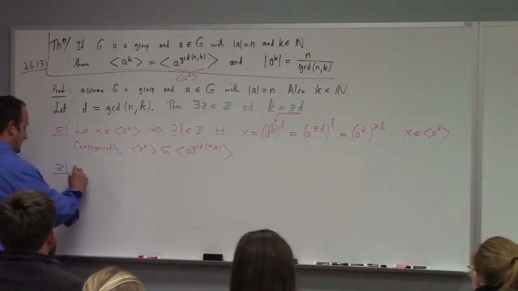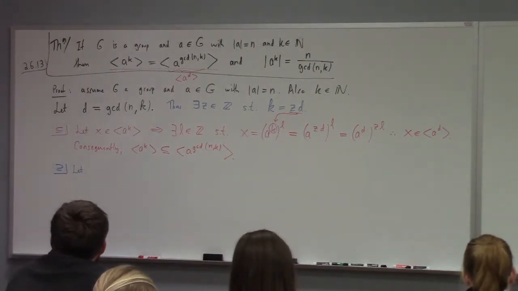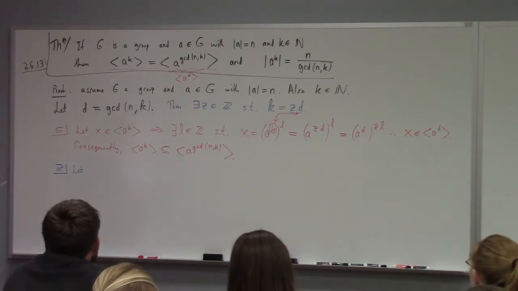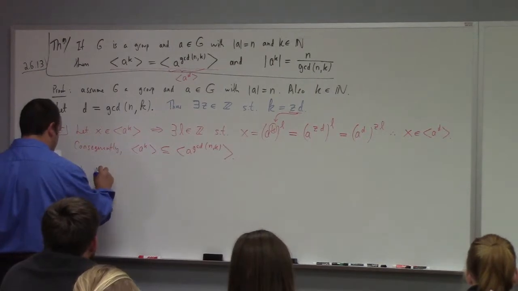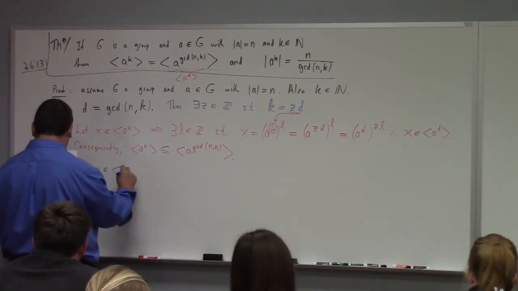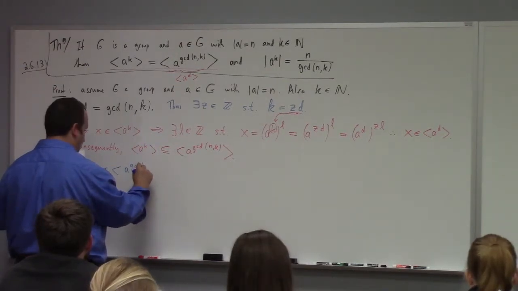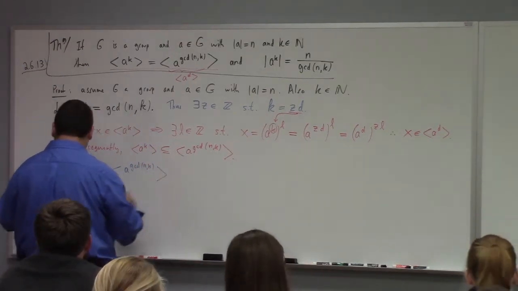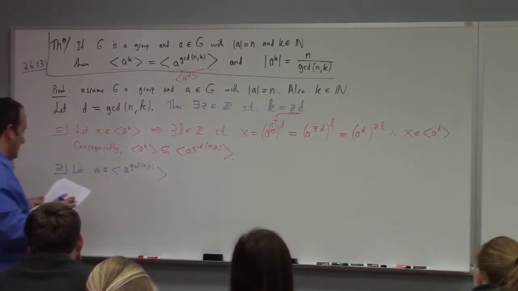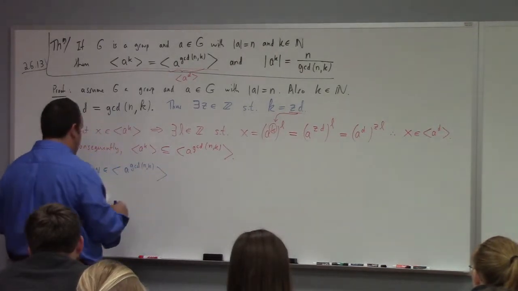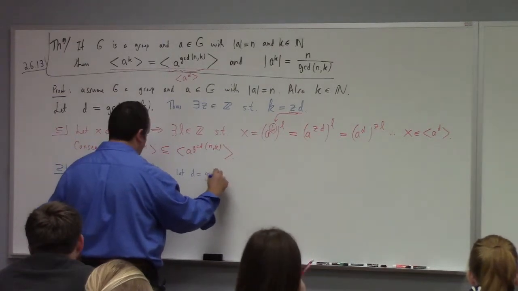So let's let, well, here, I'll use the letters I used in the notes. Oh, I used x again. Wait a minute, no, I used w. Let w be an element of the cyclic subgroup generated by a to the power GCD of n comma k. All right. Again, I'm going to call the GCD d again, d equal to the GCD of n comma k.